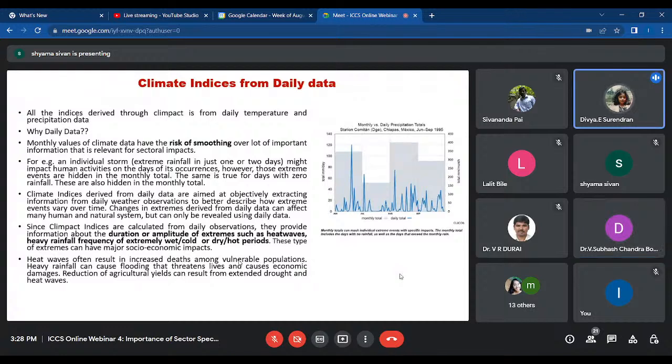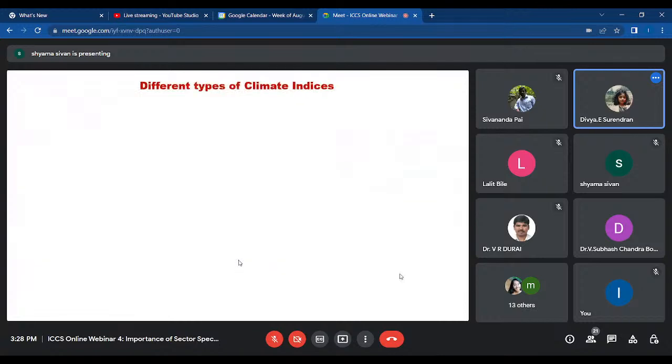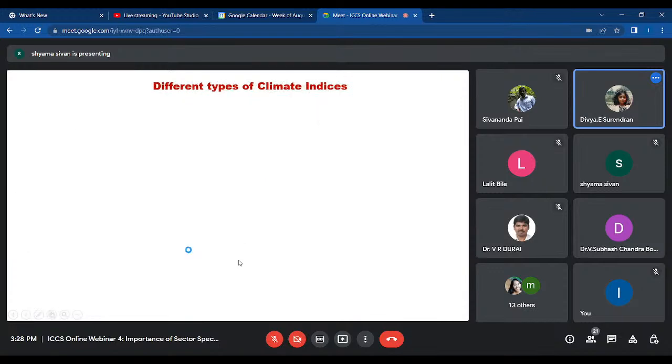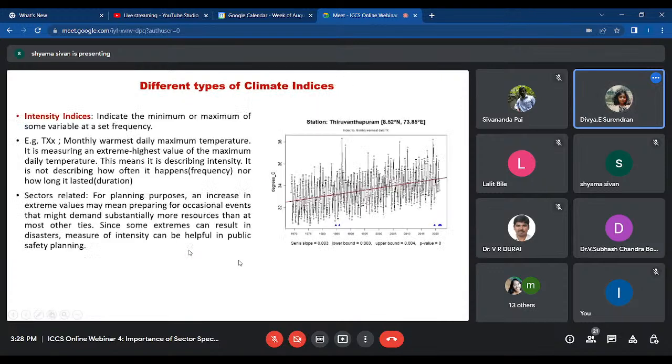Okay, the next slide. Next. Now I will be discussing the different types of climate indices discussed in Climpax.